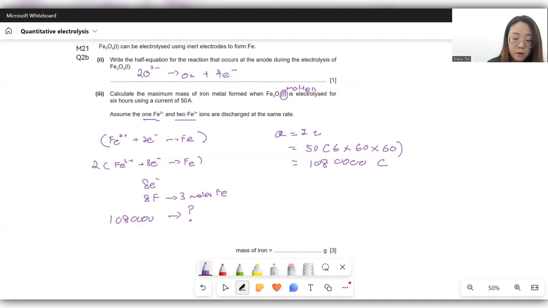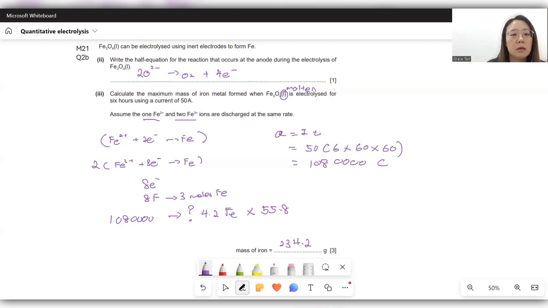So we form 4.2 moles of iron. If you want the mass, you multiply by the atomic mass of iron, which is 55.8, and the answer obtained is 234.2 gram. So that will be the mass of iron formed.